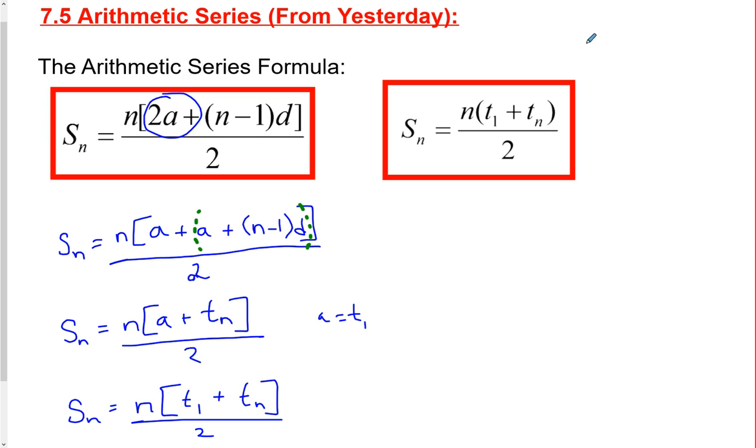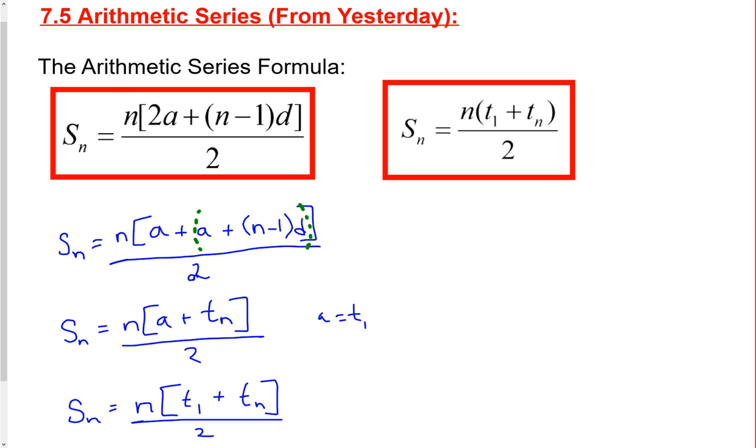So what I'd like you to do on your cheat sheets is make sure that you have both of these formulas as they are written here, nice and clear with the big red box around them, because we can use either of these formulas to find the sum of a sequence of numbers if they're arithmetic, if they're going up by a common difference. They're basically the same formula, one is just a modified version. So the one on the right is useful when you've got the general term already.